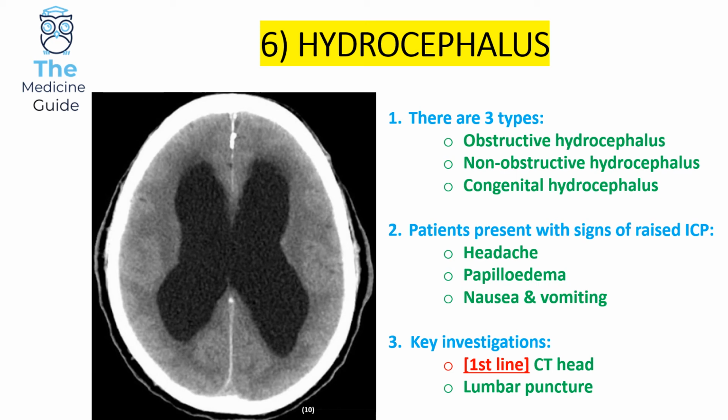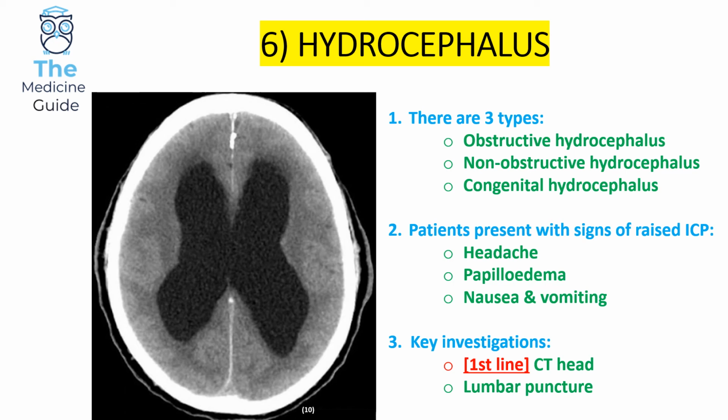The whole point of performing a CT head in these patients is to exclude obstructive hydrocephalus, because patients who have an obstructive hydrocephalus should not receive a lumbar puncture, as they will suffer from coning. So it's really important that you remember that a lumbar puncture is contraindicated in patients who have obstructive hydrocephalus.